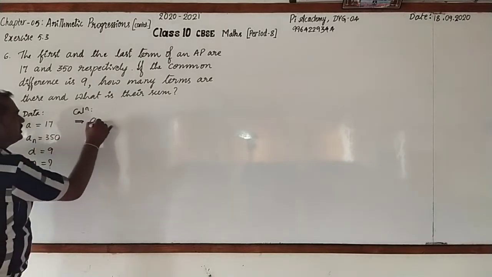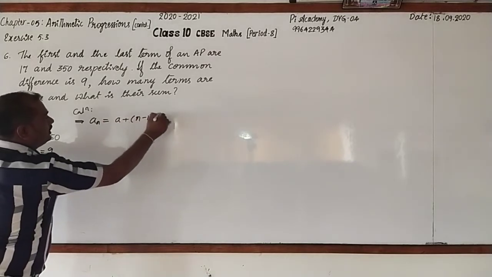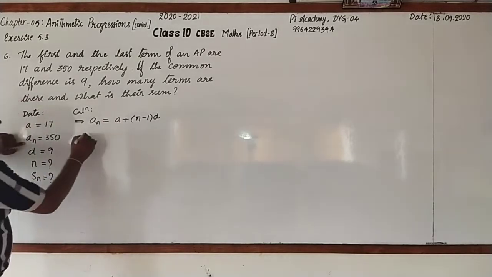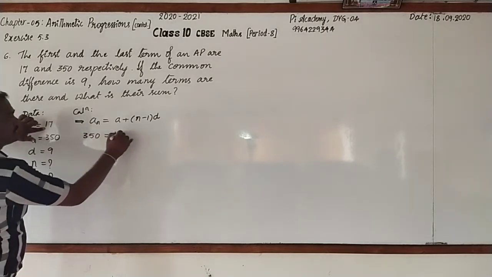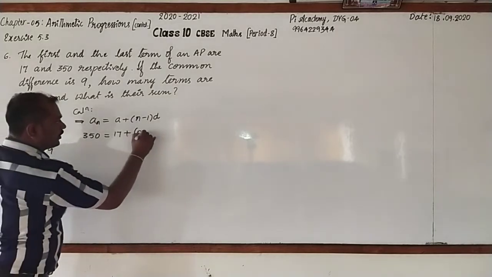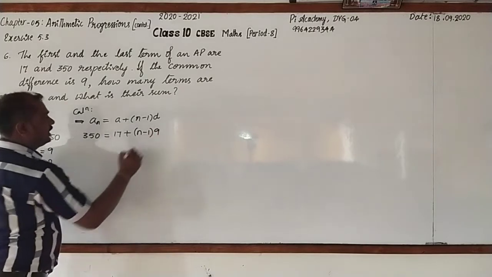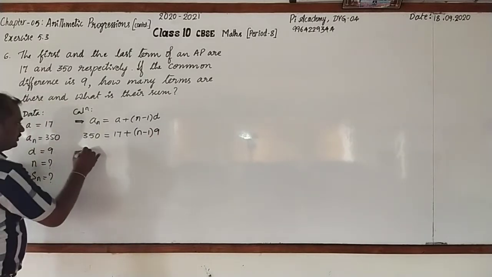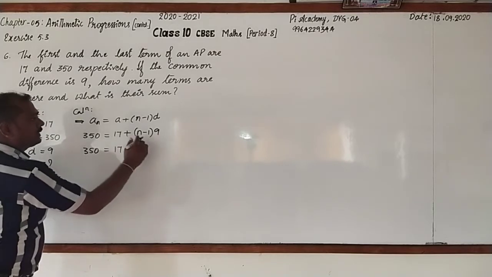Therefore, let us take this formula: an equal to a plus of n minus 1 into d, where an is 350, a is 17 plus of n, which is unknown. Write this as it is, minus 1 into d. Common difference is 9.